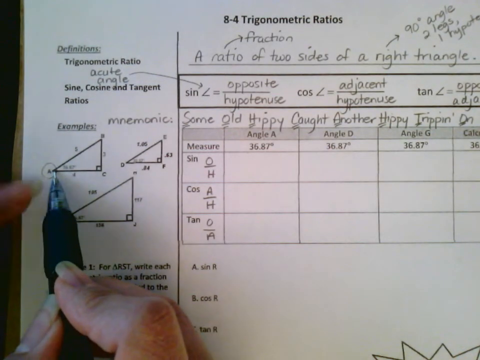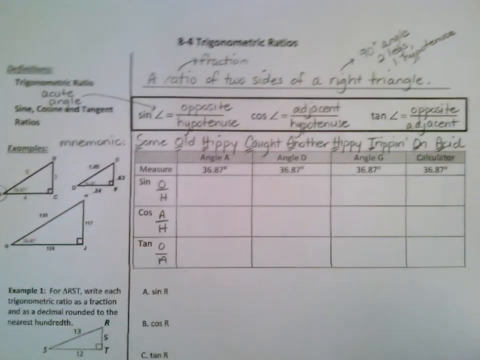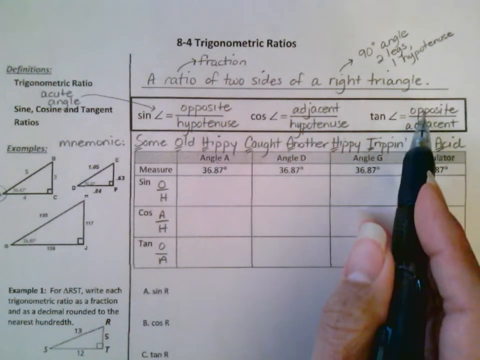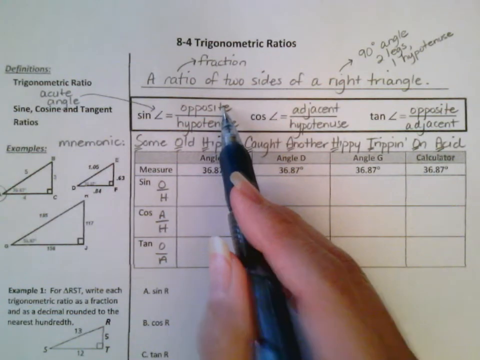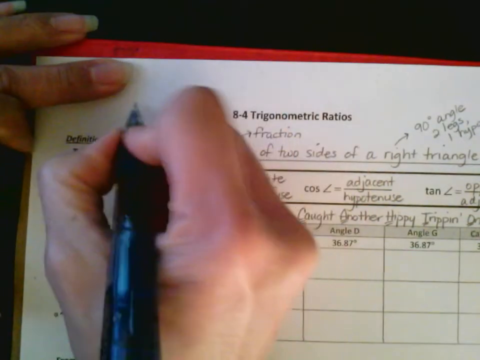Okay? Now one thing I want you to know is that when it comes to the words opposite and adjacent, these are always going to be leg values. Always, always your legs. And I'm going to come up here in the corner where we have some space. I'm going to draw a right triangle here.